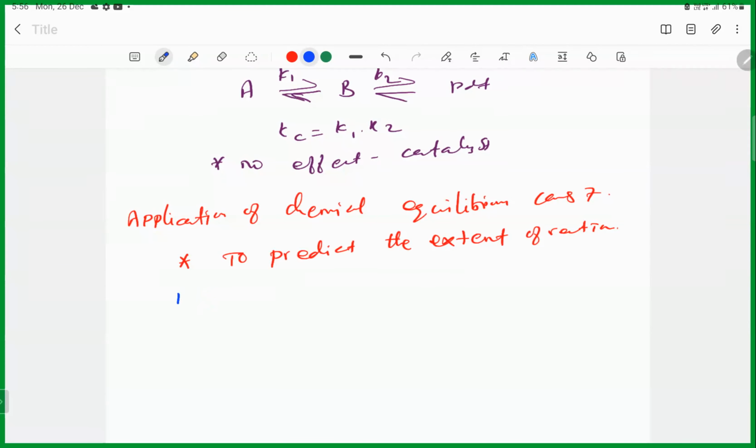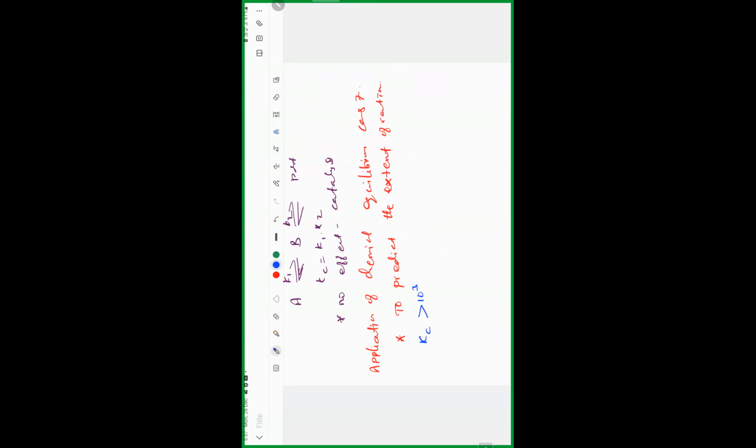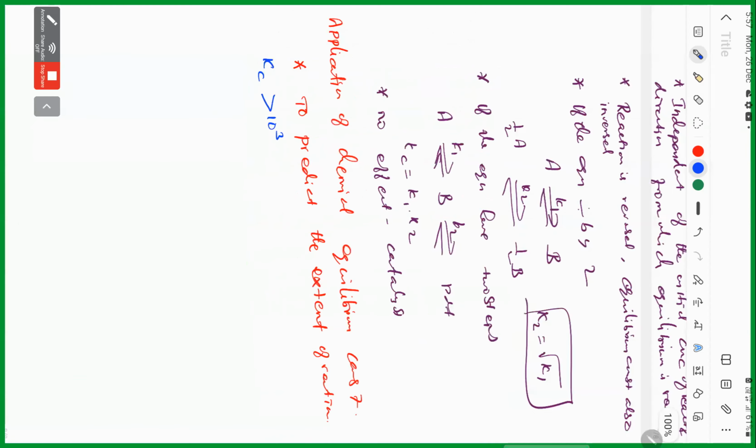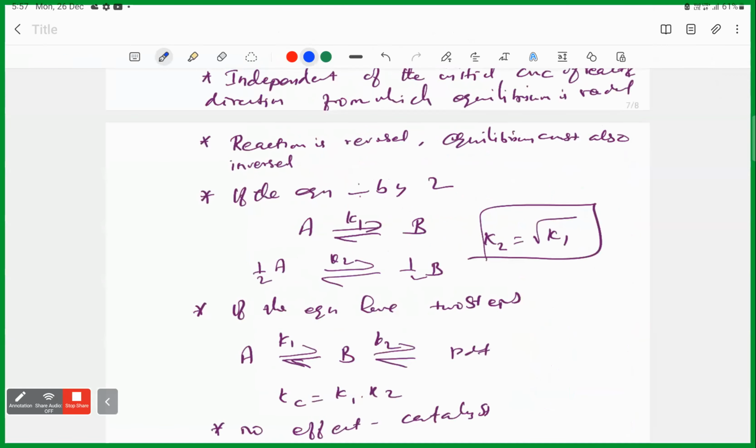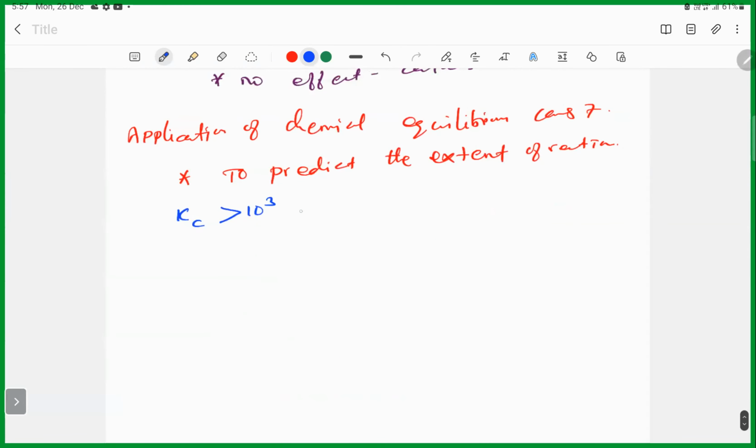Suppose the Kc value is greater than 10 power 3, it tells the reaction proceeds nearly to completion.